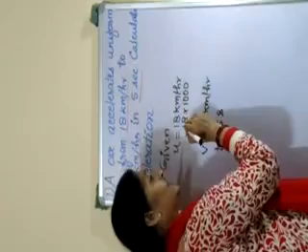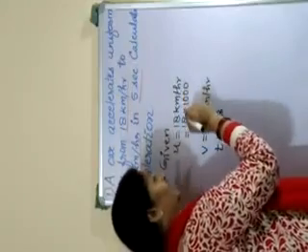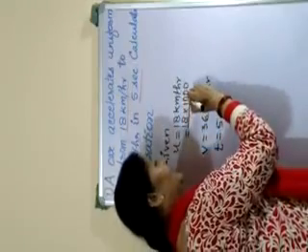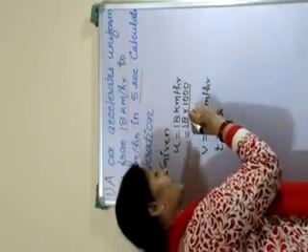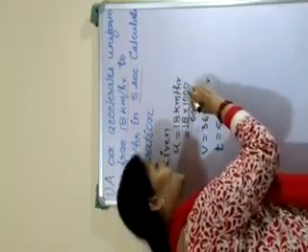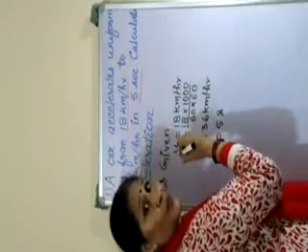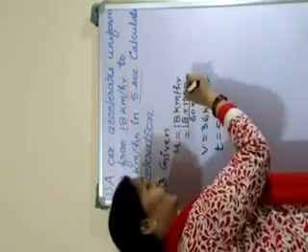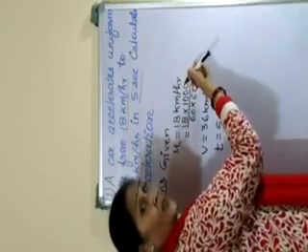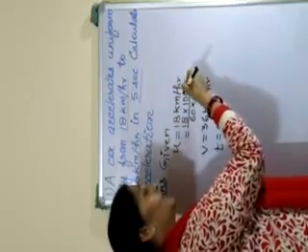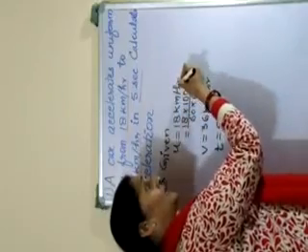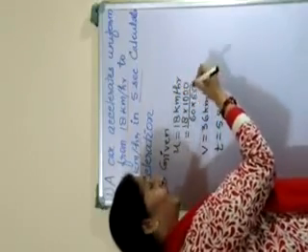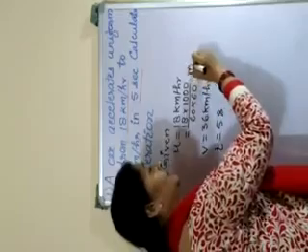This is in meter. Now hour is written in second. 1 hour is equal to 60 into 60 seconds. Therefore, in the denominator we have written kilometer in meter and hour in second. Therefore, this is in meter per second.